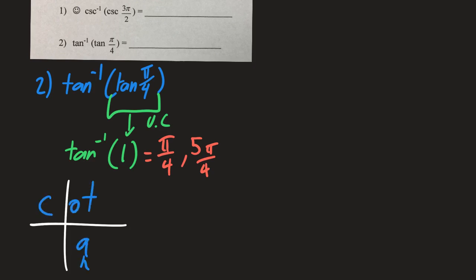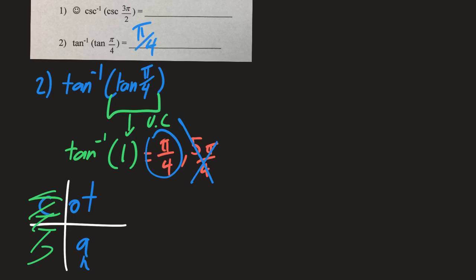Tangent only belongs on the right-hand side, so let's cross this area out. Which of these two angles actually works? You're right, it should be pi over 4. The 5 pi over 4 is in the wrong location, so we're going to take that one away. So the answer to this is pi over 4.